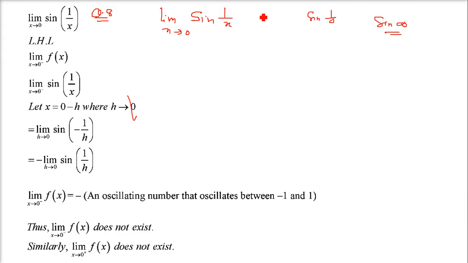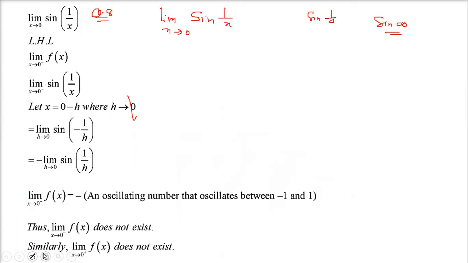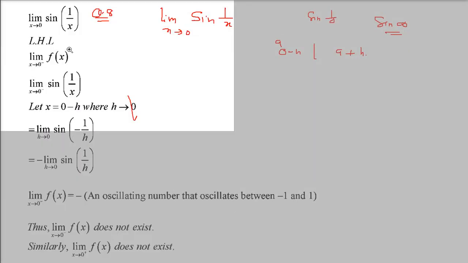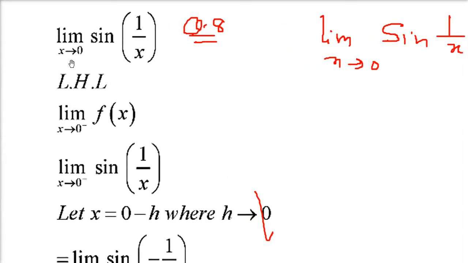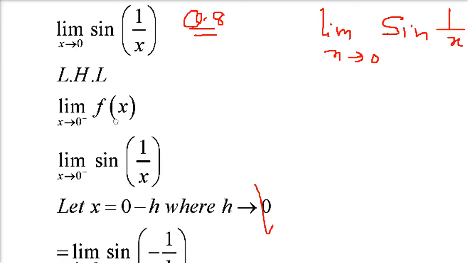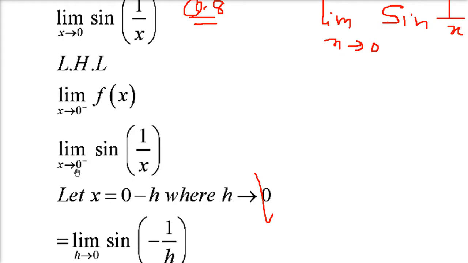So we will find out the left hand side and right hand side limits. First, the left hand limit. You have to put 0 minus h, because LHL is a minus h and the right hand side is a plus h. So limit x tends to 0 minus f(x), f(x) is sine 1 by x.